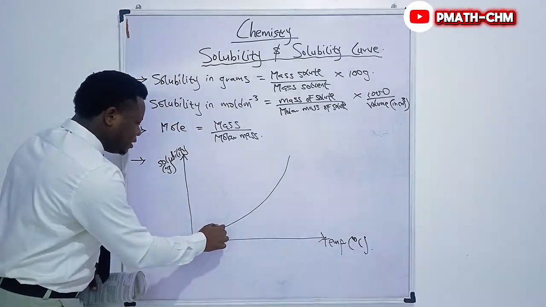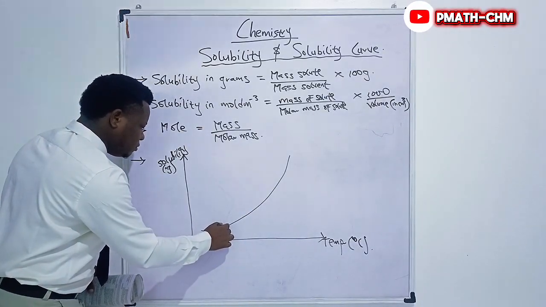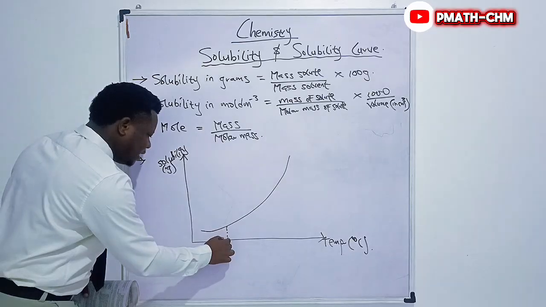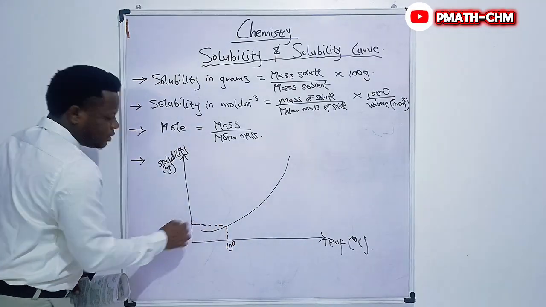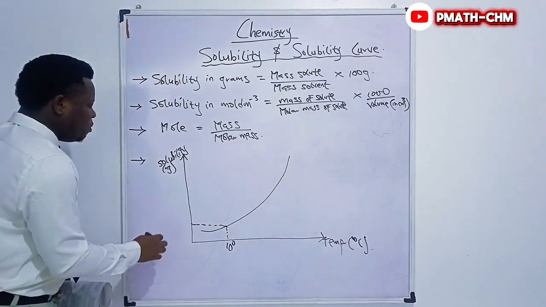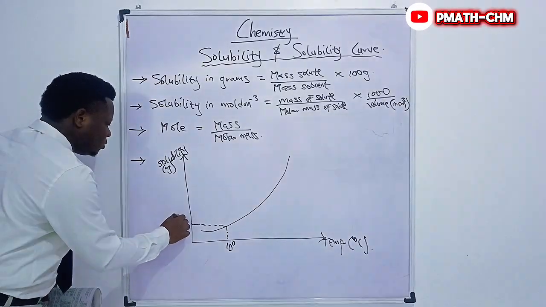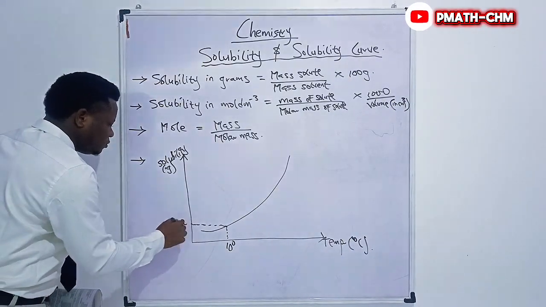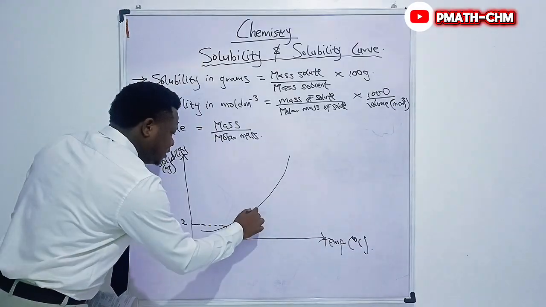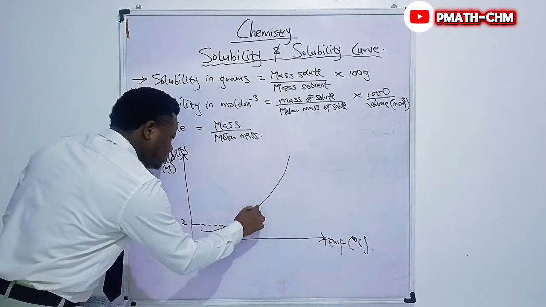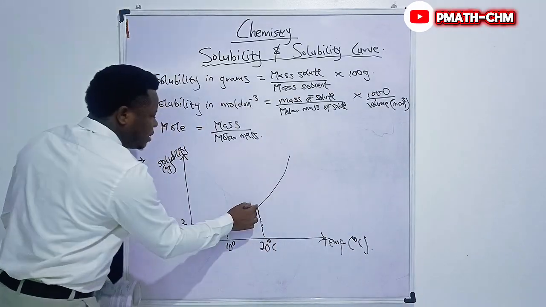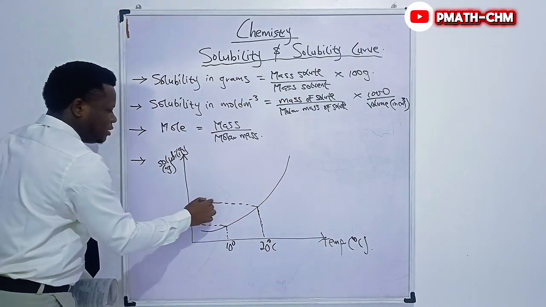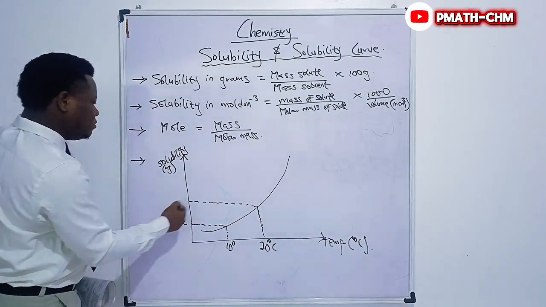So let's say this is 10 degrees Celsius. Then let's take this point to this axis. Let's say the solubility here was let's say 2 grams. Then let's say this is 20 degrees Celsius. And then let's say the solubility at this point, you take it down.